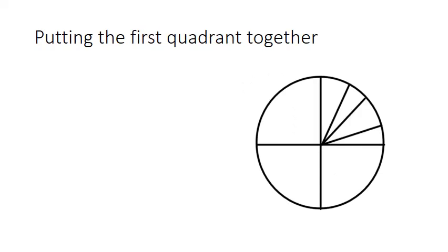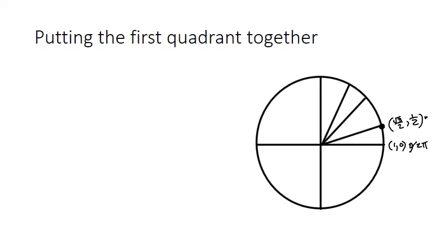So let's put together what we know about our unit circle. We know this point here is 1, 0, that this occurs at 0 degrees, which is also 0 radians, or 360 degrees, and also 2 pi radians. The next point here would be 30 degrees, and at 30 degrees, the point is radical 3 over 2 and 1/2.